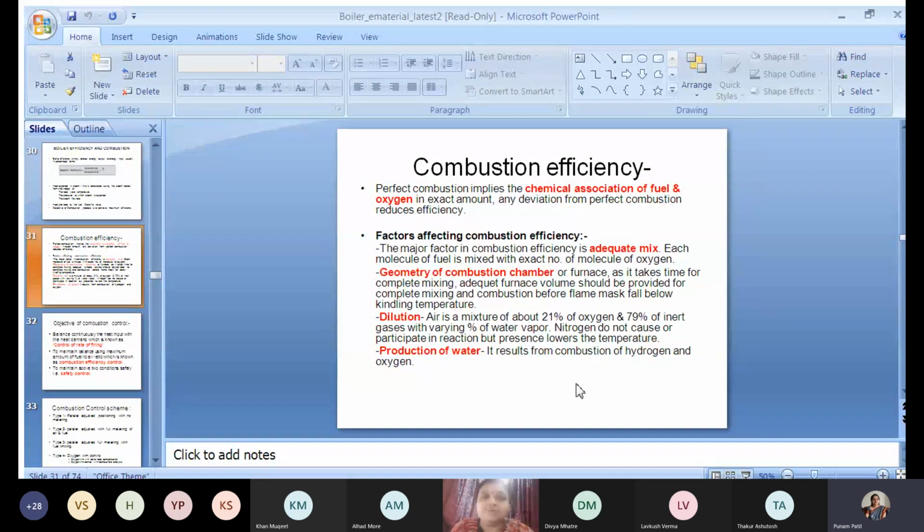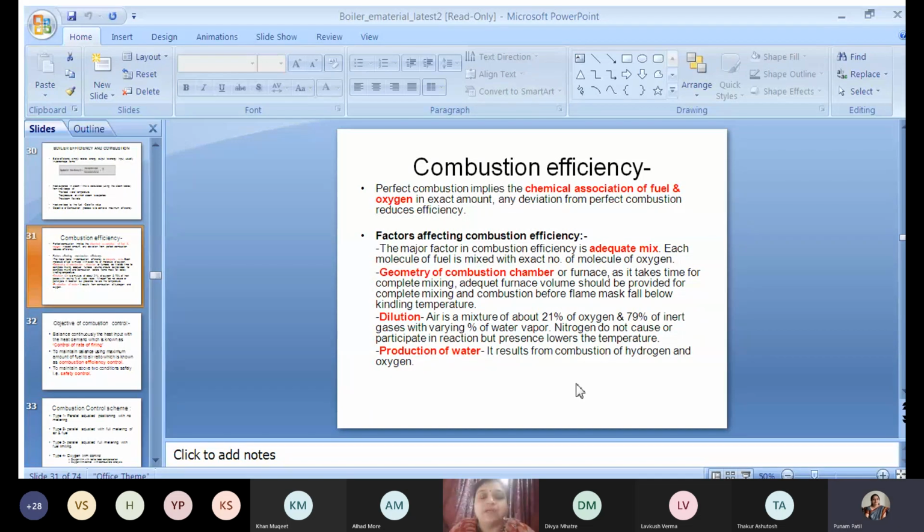So it is affecting the heat produced. This is very minor, but still, as we are considering the boiler efficiency and it is affecting the efficiency, this factor is taken into consideration.